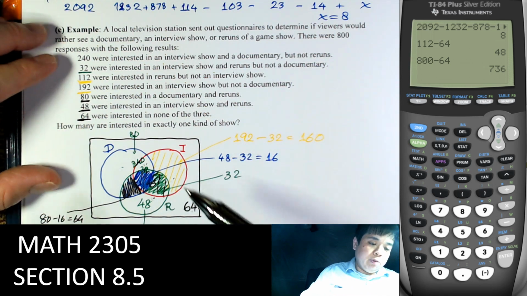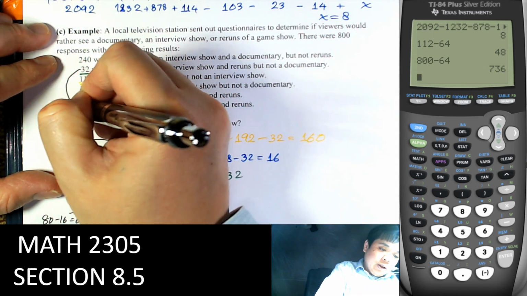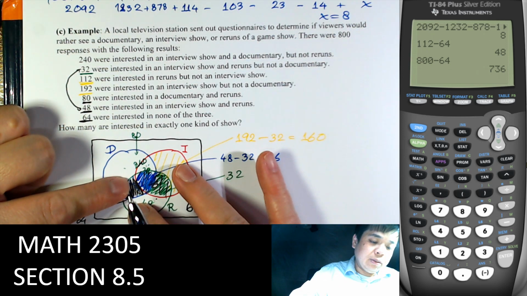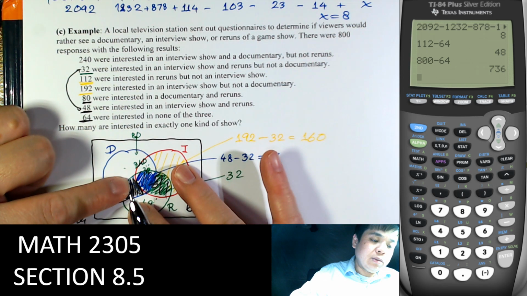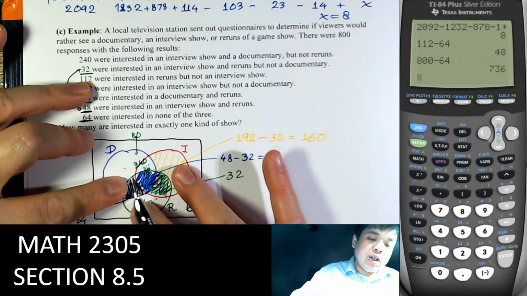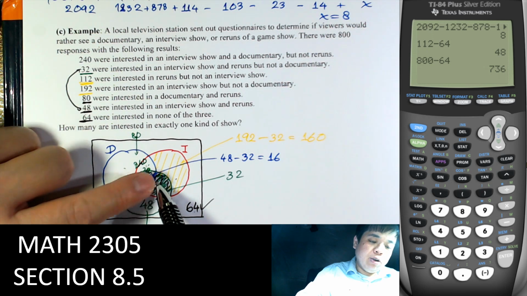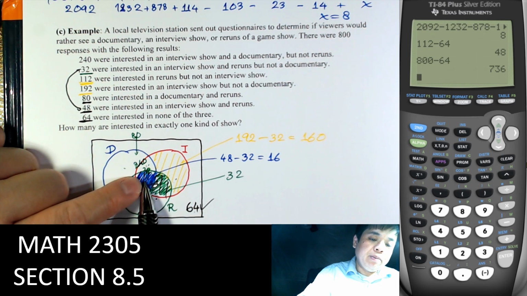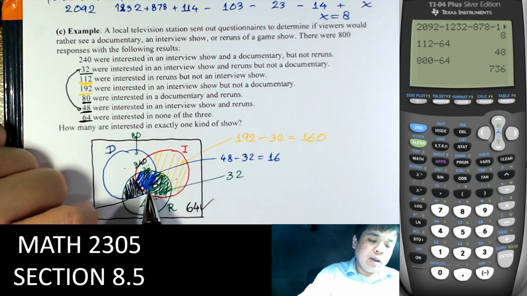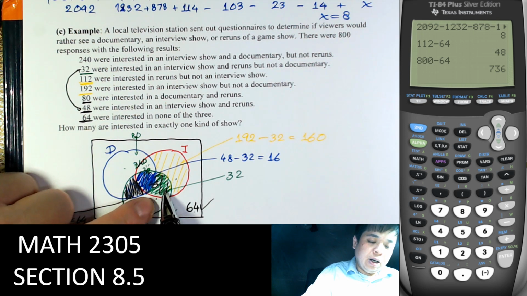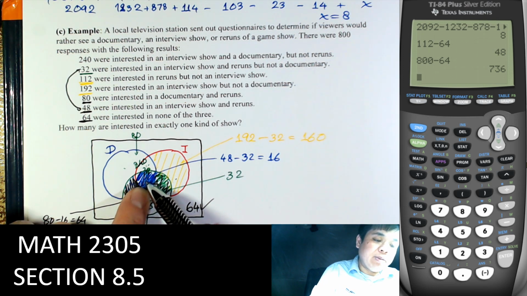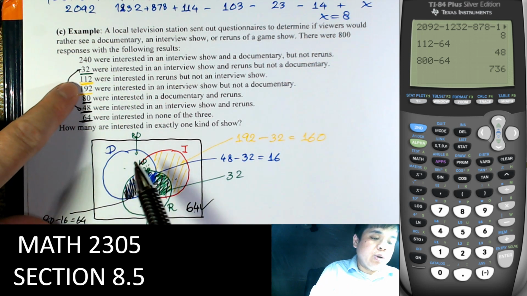So focus on these two. Interview and show and rerun. But this one is not documentary, so I have to take out the documentary. So the 32 is all three of them. Is this one, and subtract the 32, we have 16 is all three of them. That's correct.